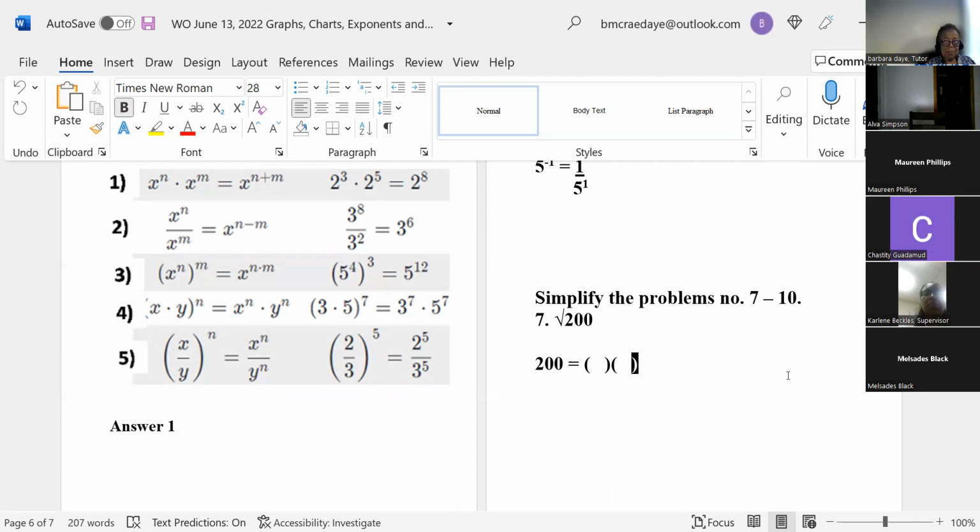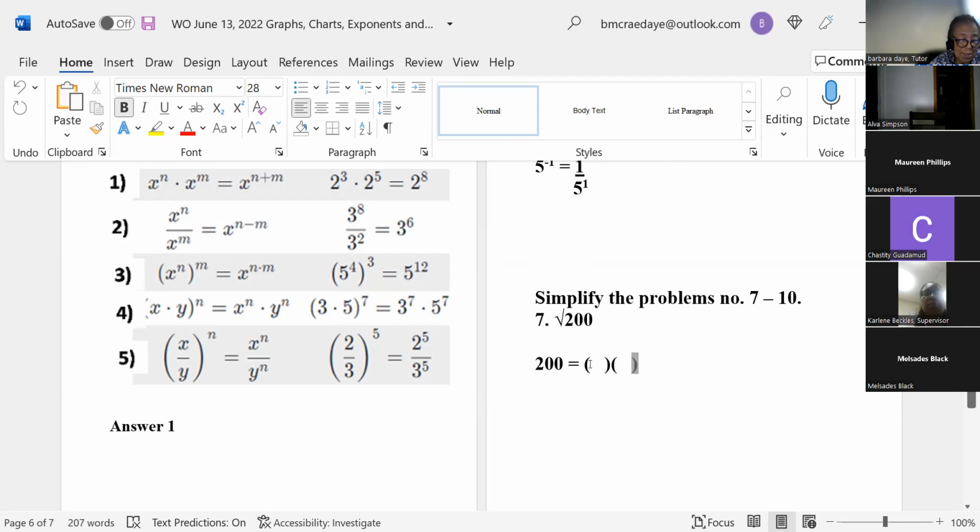Remember, the 2 numbers multiply to give you 200. Alva, 2 numbers you can multiply and get 200. Okay, I will say 2 and 100. Very good, Alva. 2 and 100.